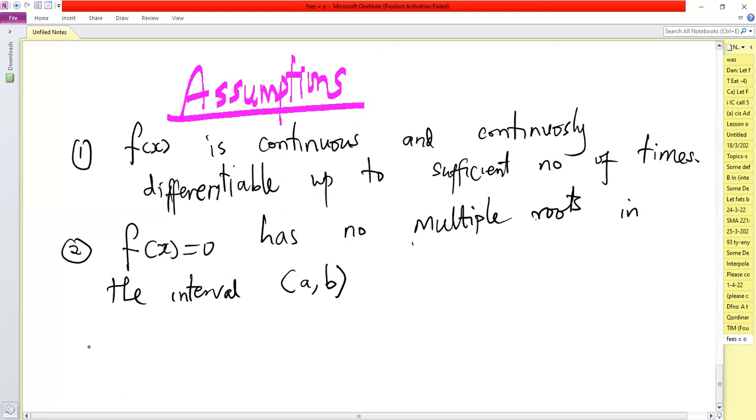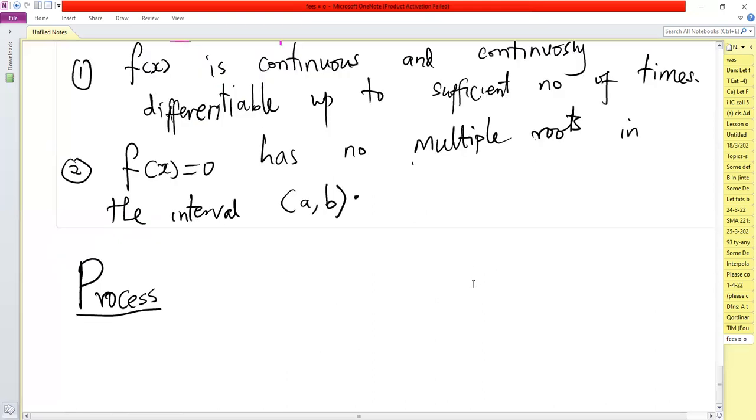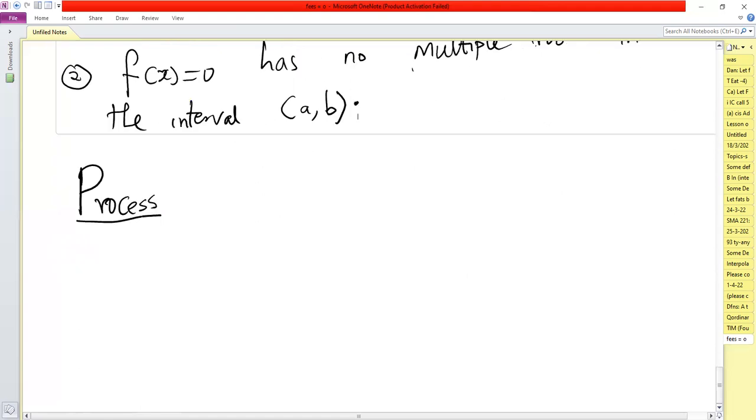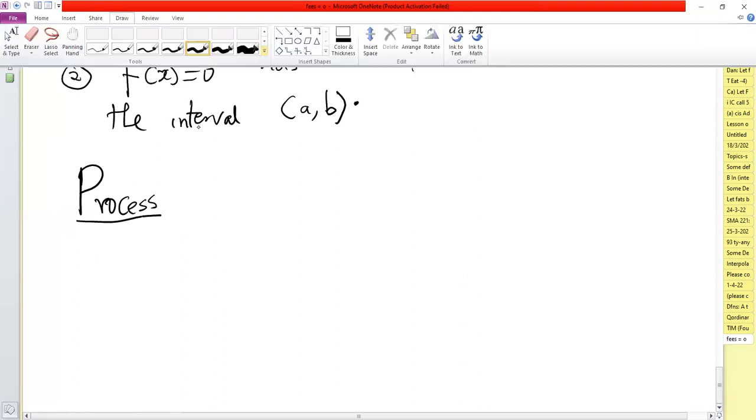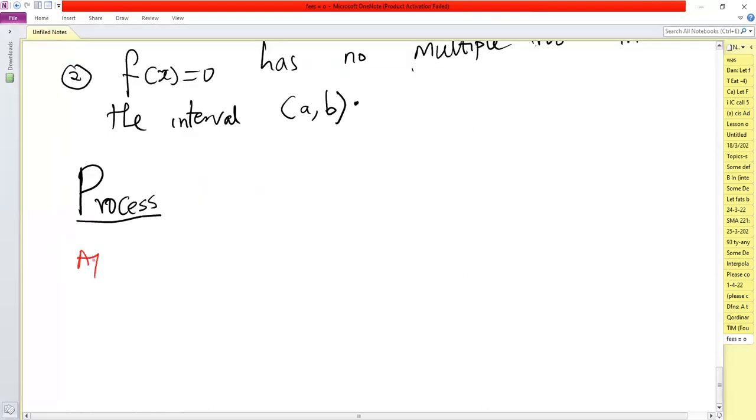So then the process of approximating the solution to the equation f of x equals 0, that is, approximating the isolated roots, has two stages.